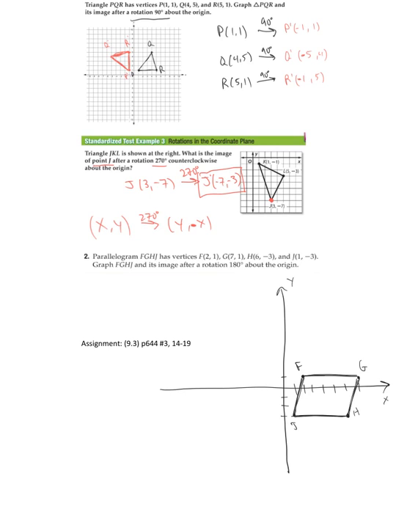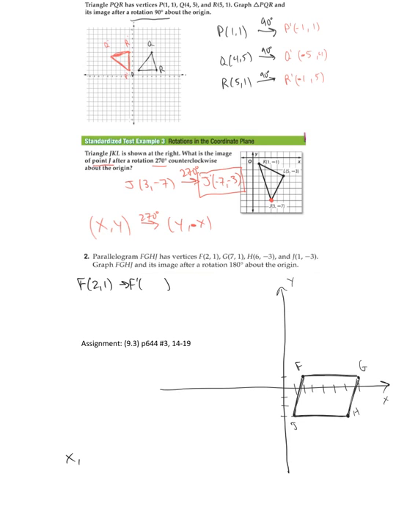All right, so I was also trying to emphasize the main thing I want you guys to take away from this: how the ordered pairs are changing, guys. So if we're looking at F, G, H, J, the point F is (2, 1). F prime is going to be what?